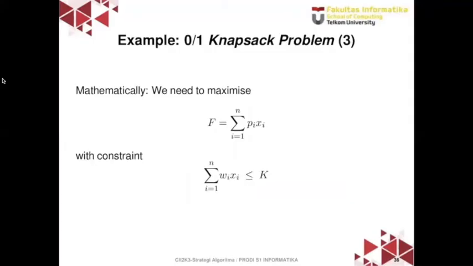Such that in mathematics, we can see the knapsack problem as the problem to maximize this function. We multiply profit and x for each item, and we have the constraint that the total weight of what we put in the backpack is not larger than K.